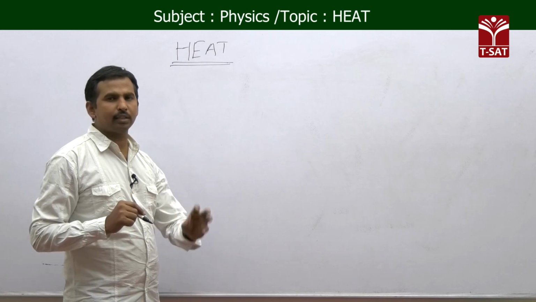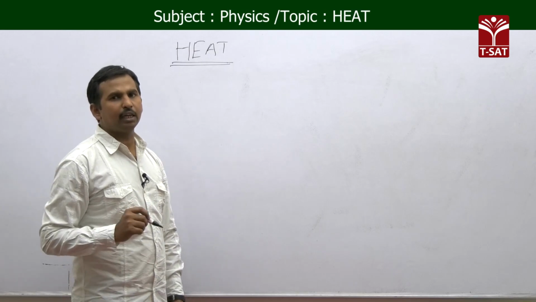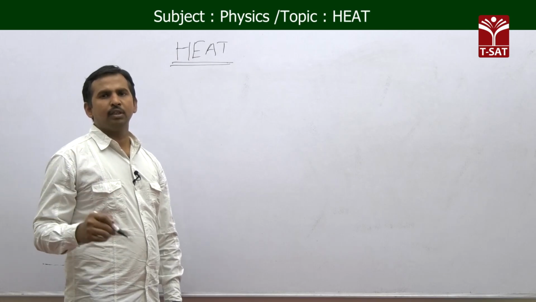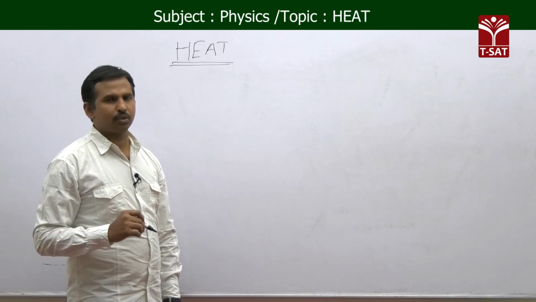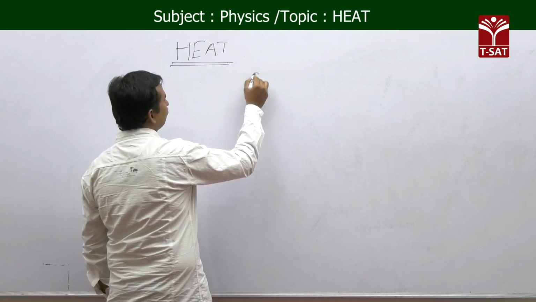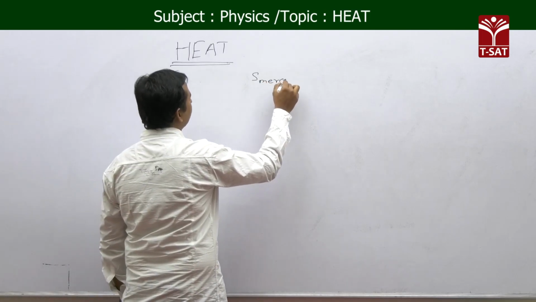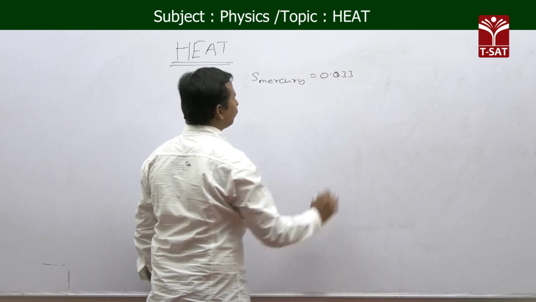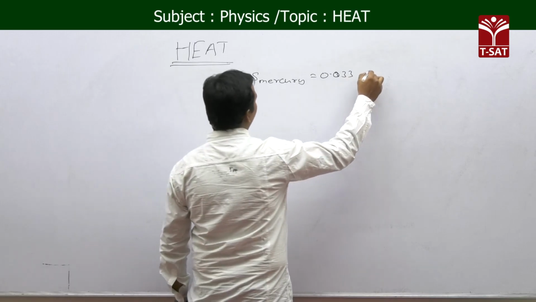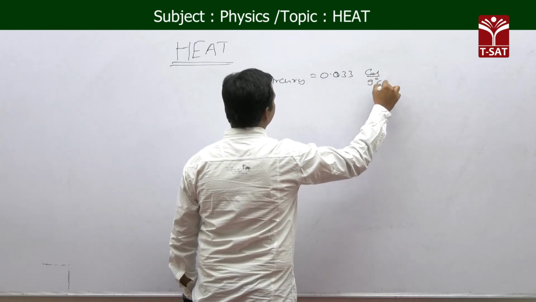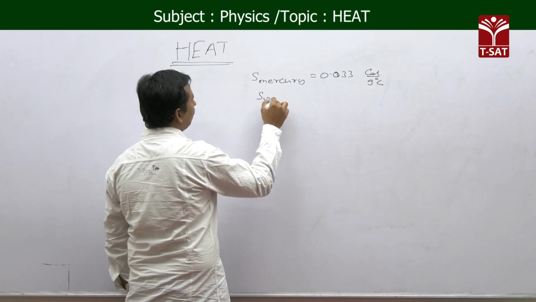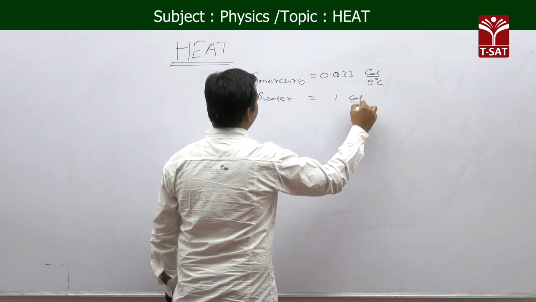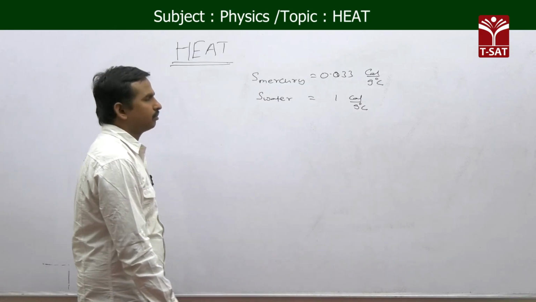Only a small amount of heat is required to raise its temperature, because most of the heat energy is utilized for increasing its kinetic energy. So the specific heat of mercury is around 0.033 calorie per gram degree Celsius, whereas the specific heat of water is 1 calorie per gram degree Celsius.